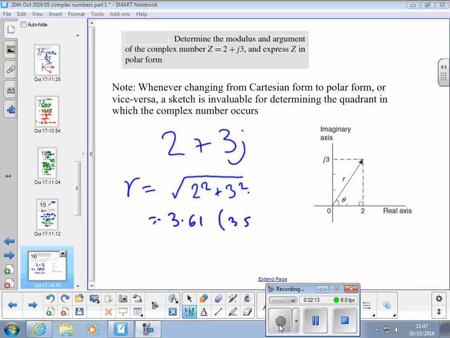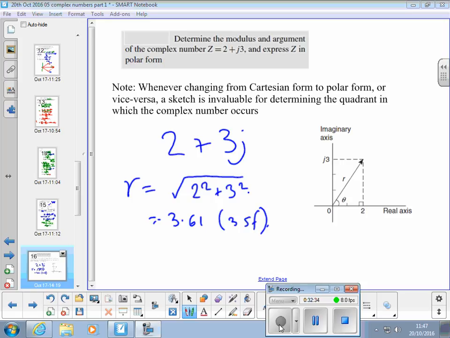That's to 3 significant figures, yeah? So that's found r, the length of the line. Finding the length of the line has got nothing to do with j.